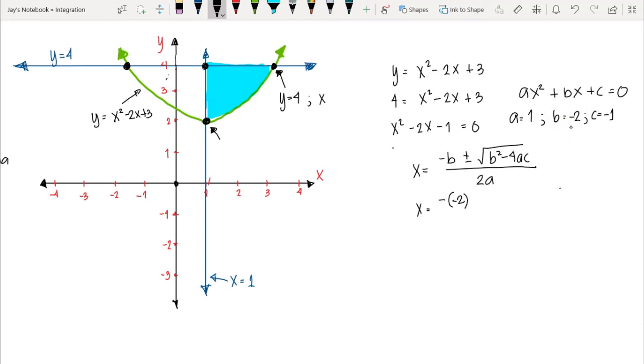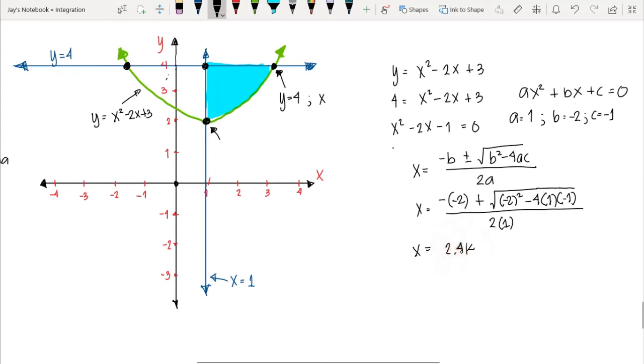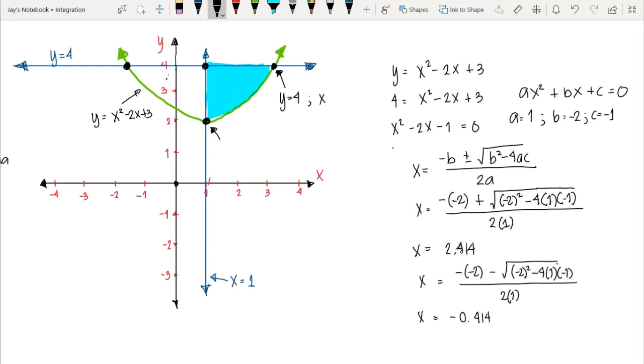Let's start first with plus square root of negative 2 squared minus 4, our a is 1, our c is negative 1, over 2 times 1, we have x is equal to 2.414. Now, if we use negative, we have our x here, that is negative 0.414. So these are the two values of x for this equation.